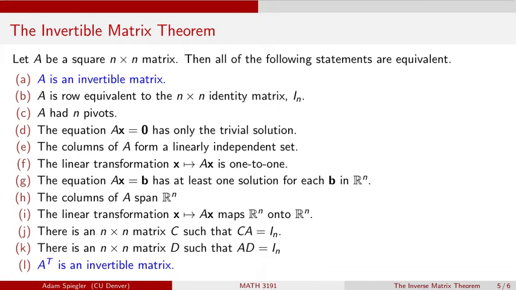And we have already proven this actually, that if A is an invertible matrix, then we know that the transpose of A is also an invertible matrix. And the reason why, well, if we assume that A is invertible, then I know I have an inverse, and when I multiply on the right by that inverse, we get the identity. And so if these are equal, then the transposes of their matrices must be equal.